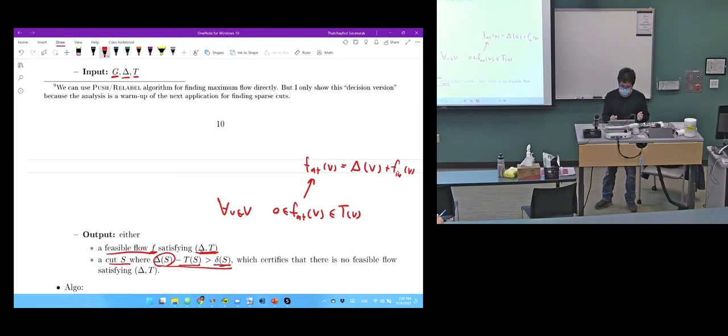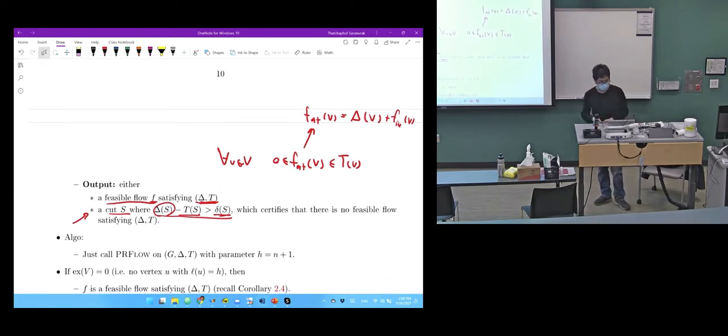This really is just a certificate that no such flow in the first case exists. So basically the algorithm either finds a feasible flow or says that no feasible flow exists, and in the second case, you return this certificate as a cut.